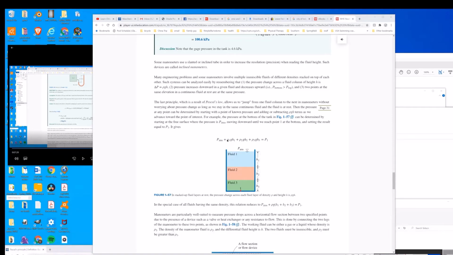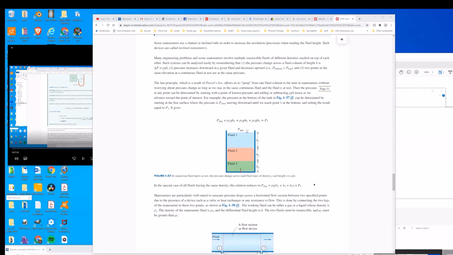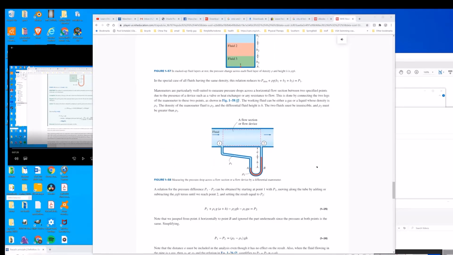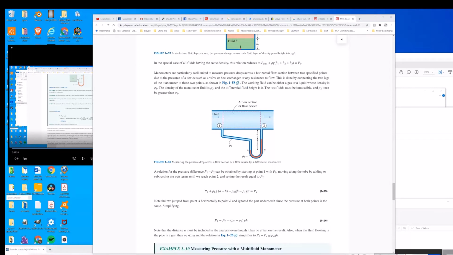And so we have each of those components individually: pressure due to fluid 1, pressure due to fluid 2, and the pressure due to fluid 3, okay? All pushing down, all right? Okay, so we can start to use this concept. We'll take a look at another example here.